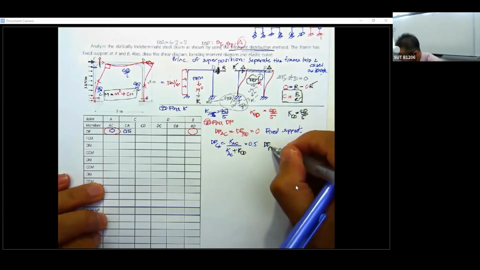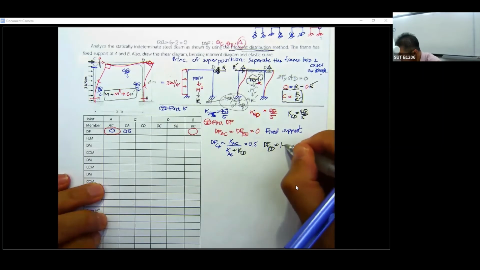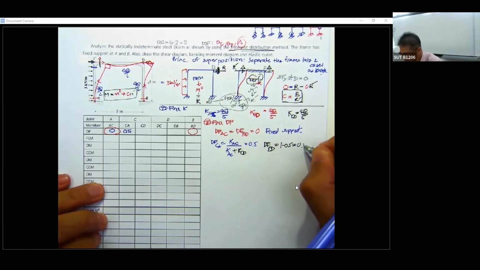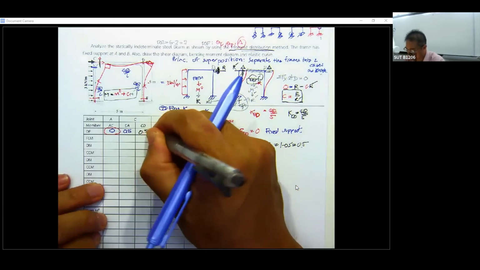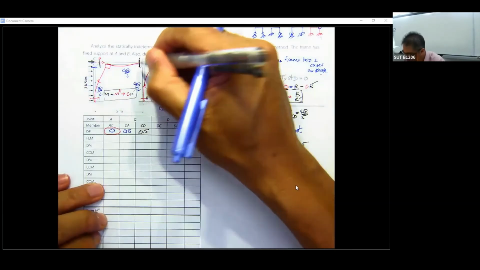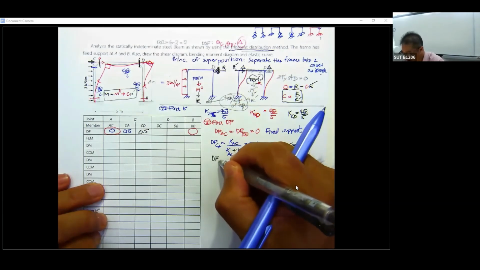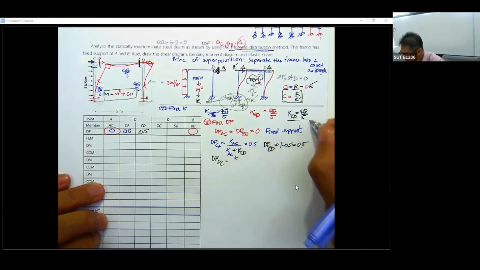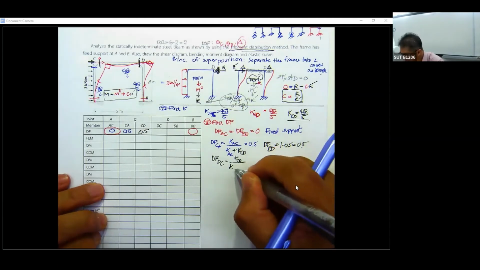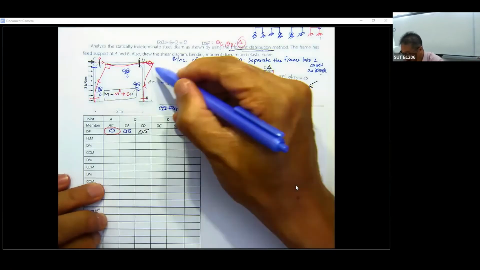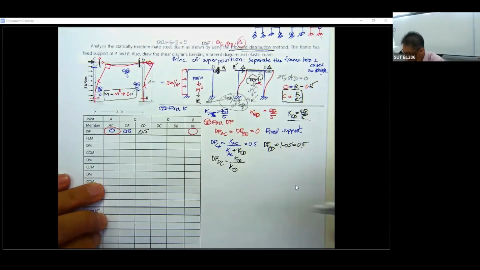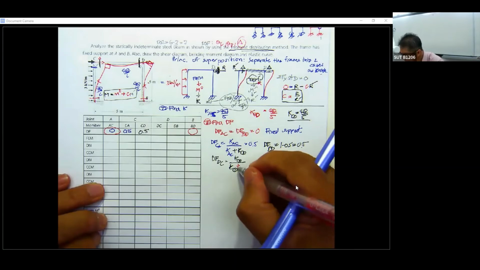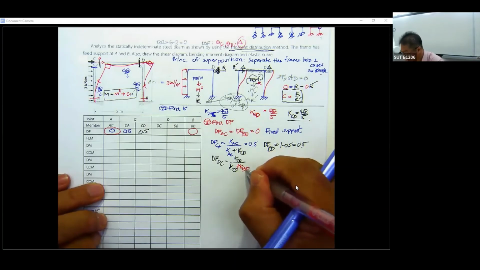Then you go further to distribution factor CD, that is going to be 1 minus 0.5, so it's going to be 0.5. And then you come to distribution factor DC, that is going to be K sub CD divided by K sub CD plus K sub BD.